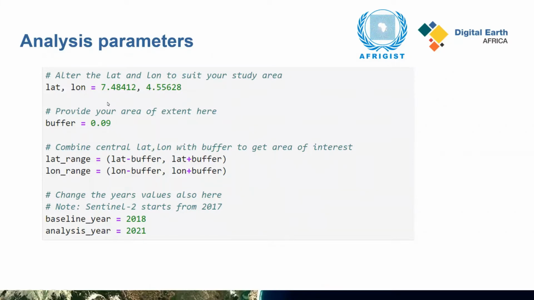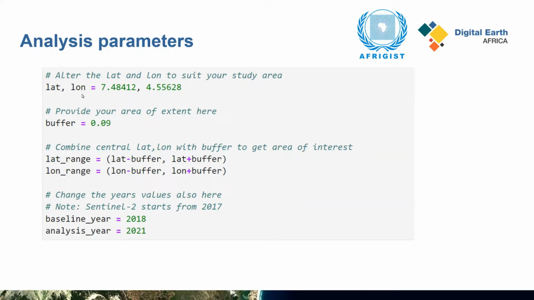From the notebook, you just identify where to. I will later share those notebooks that we explore so that you can, at your own convenience, pick the area of interest that you know very well and observe the urban extent.